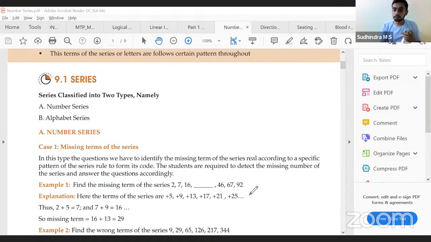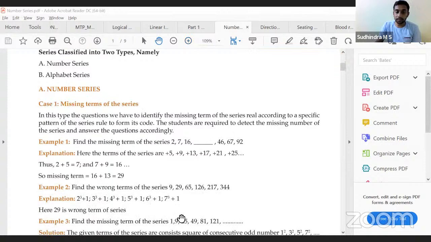Because all of them are cubes plus 1, but 29 is cube plus 2. So this is 2 cube plus 1, which is 8 plus 1. This is 4 cube plus 1. This is 5 cube plus 1, 6 cube and 7 cube plus 1. Whereas 3 cube is 27, 27 plus 1 is 28. So this should have been 28, not 29. Therefore, 29 is the wrong one. Correct. Wrong term, then missing term.